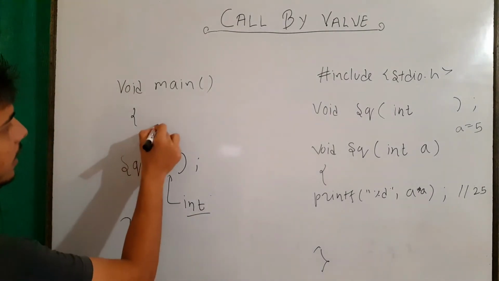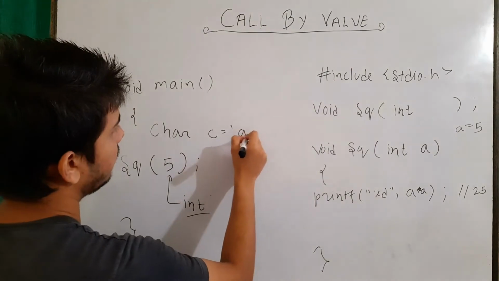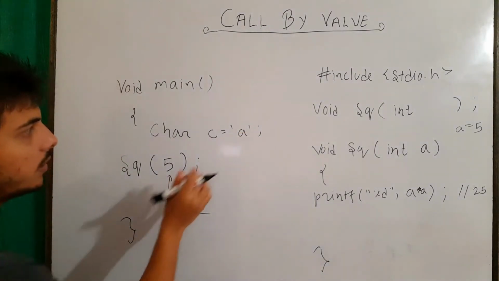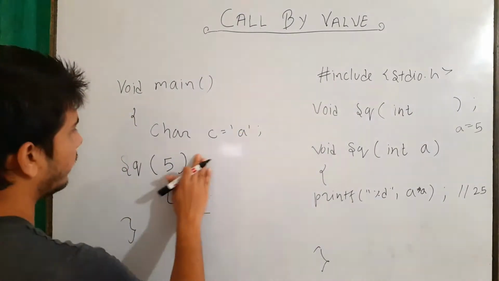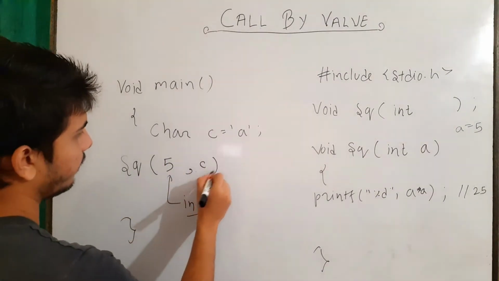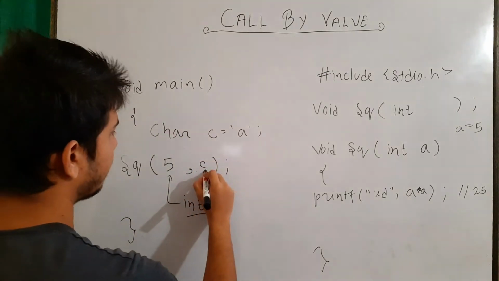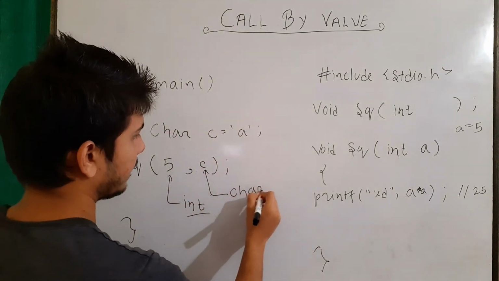Now let's say that there is another variable of character type, c equals to, let's say the value is a, and I want to send c also. So I'll write here 5 comma c. Now the data type for c is char. It is character.